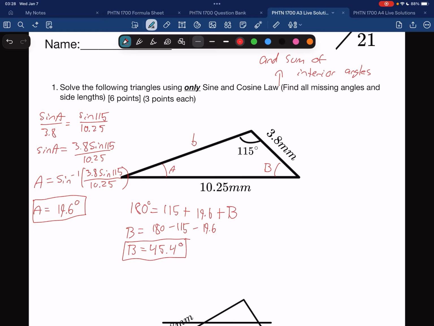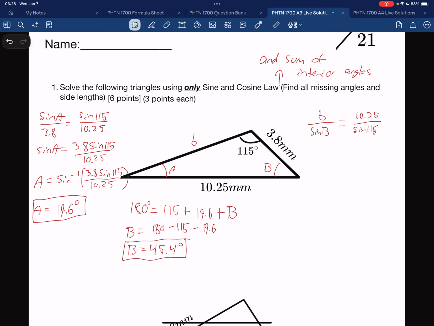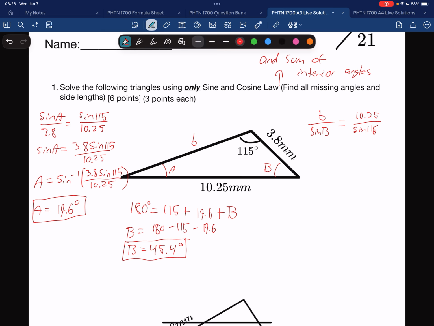Lastly, we can use sine law one last time to find the last missing side length of B, and this will be equal to 10.25 over the sine of 115. And sorry, that is not the sine of B. That is the sine of 45.4, what we just calculated.